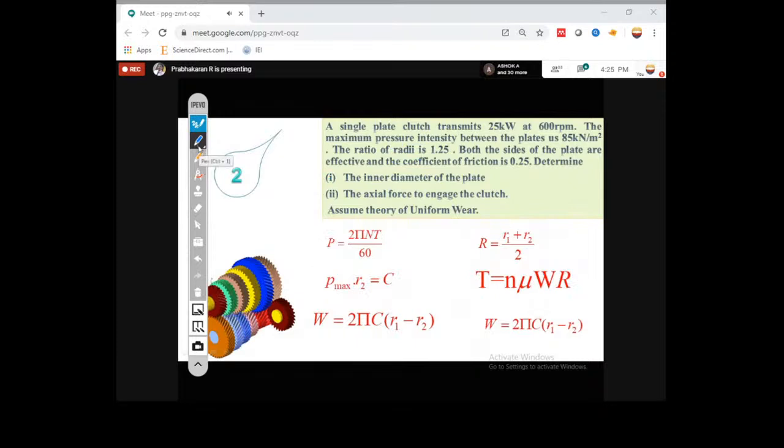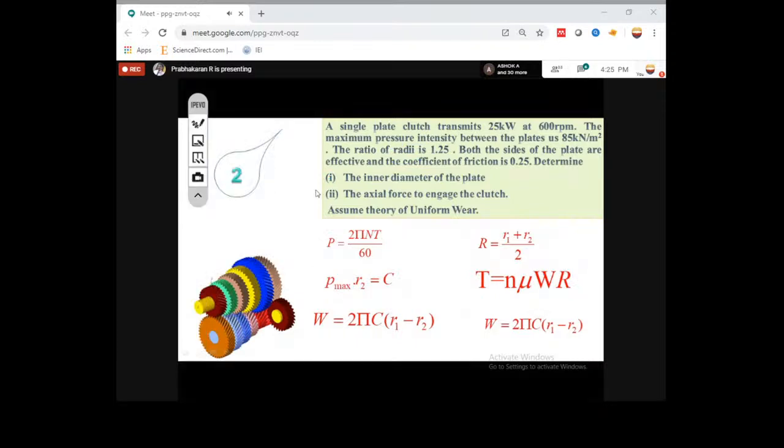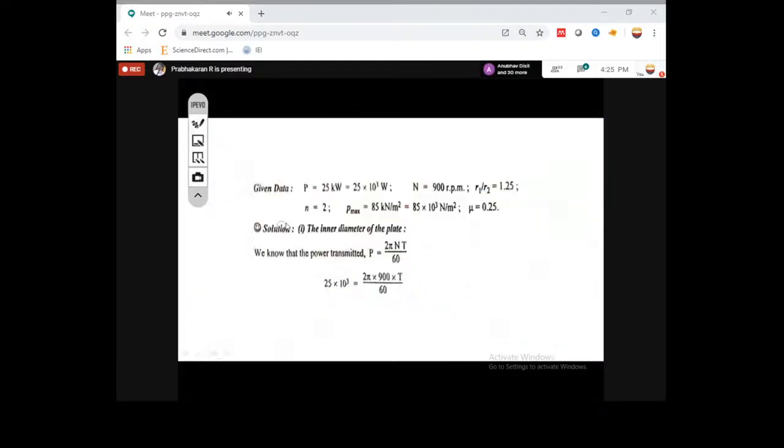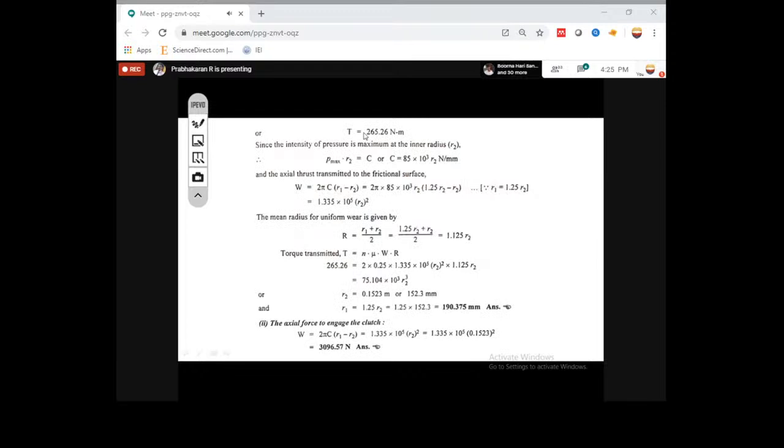Okay, so here I'm going to give some hint. So next, this is for the answer. In that problem I have explained it with a clear explanation. From that power you can find the torque value. C equal to something in terms of R2, W equal to something in terms of R2.